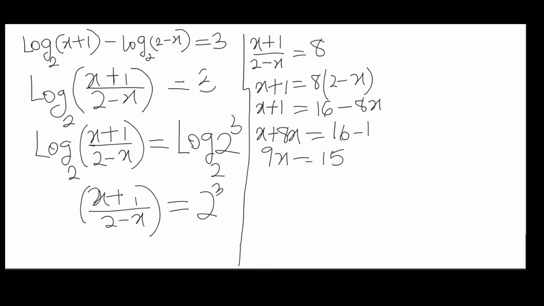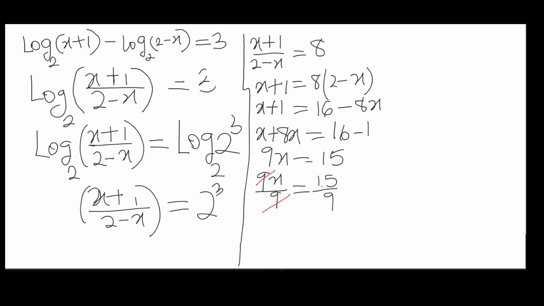So how do I get x? Dividing both sides by 9. So we have 9x divided by 9 equals 15 divided by 9. And of course, we know that 9 is going to divide 9 to have x.